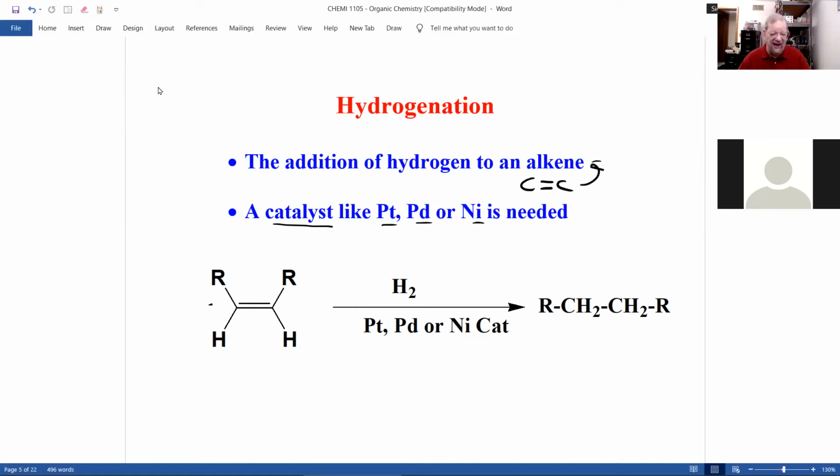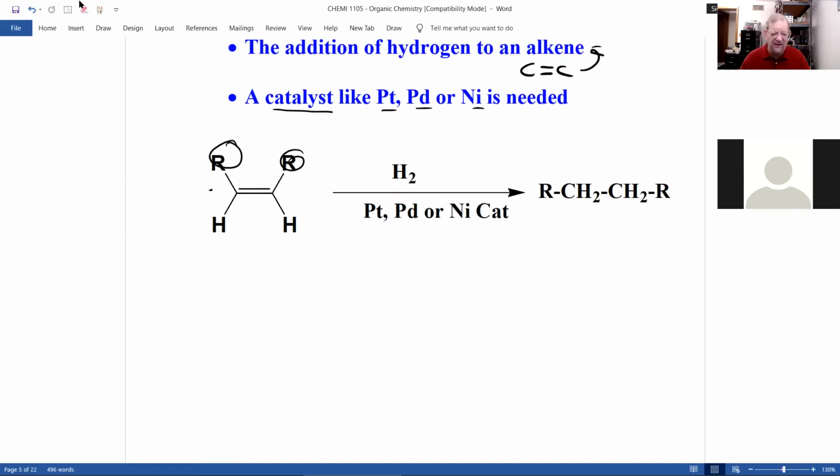And here I have R, which means anything with carbons, but in reality, a simpler way is have a carbon-carbon double bond in a molecule reacted with hydrogen and a catalyst. And the catalyst can be either platinum, palladium, or nickel. In industry, we use nickel because it's cheaper than platinum or palladium.